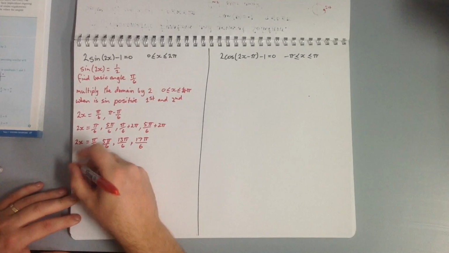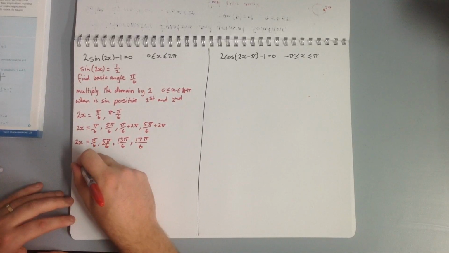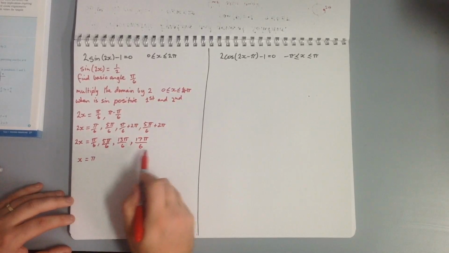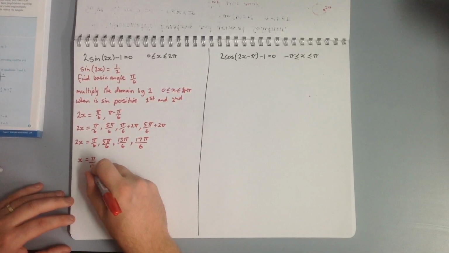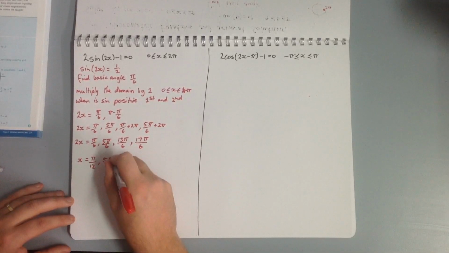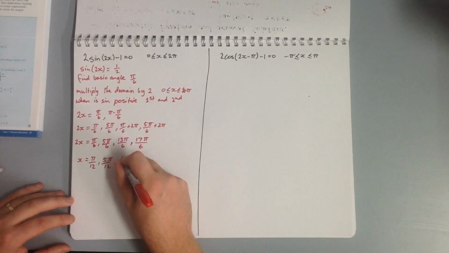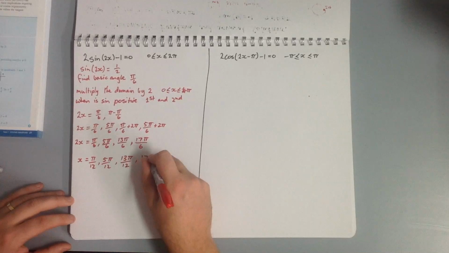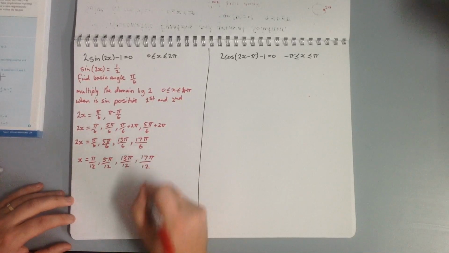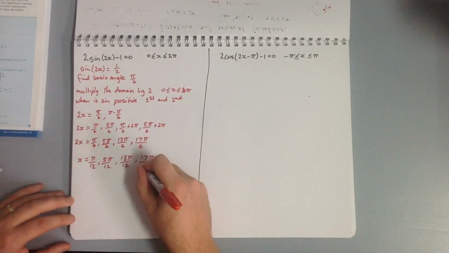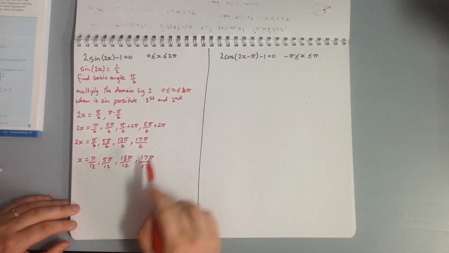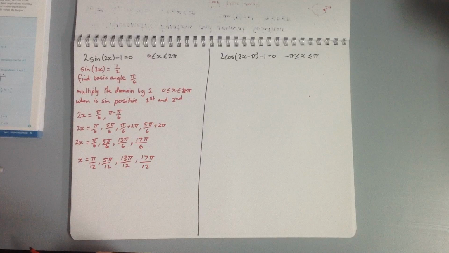What we do now is divide by our 2, which is simply timesing our denominators by 2, so it's pi on 12, 5 pi on 12, 13 pi on 12, 17 pi on 12. Now you'll notice they're all back within our original domain of 0 to 2 pi.